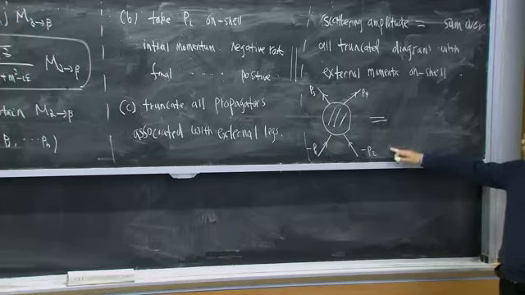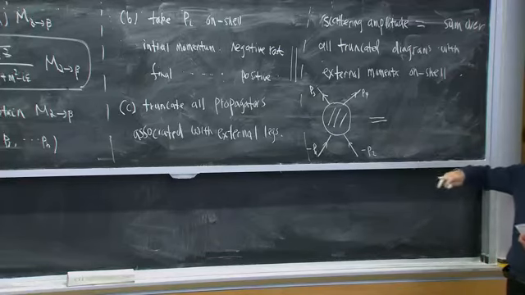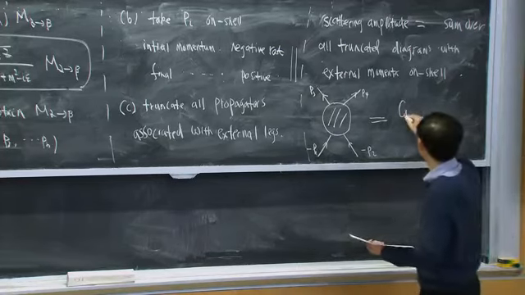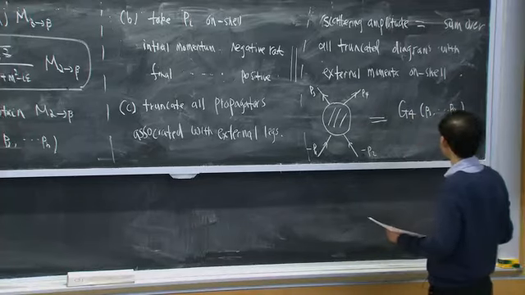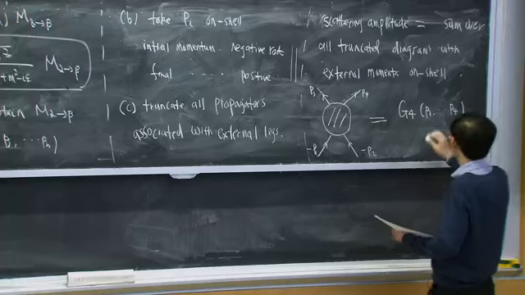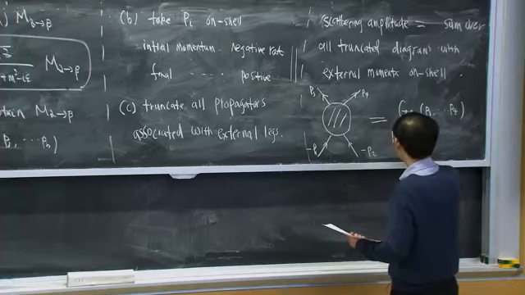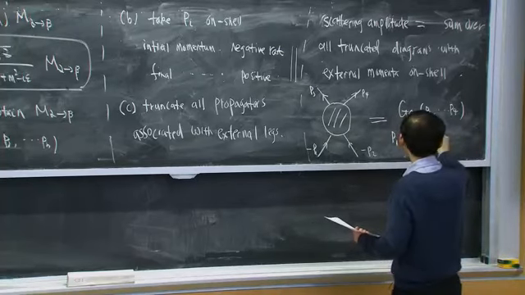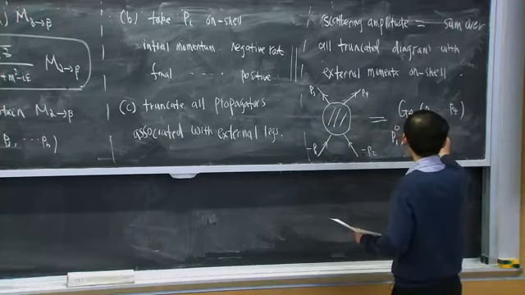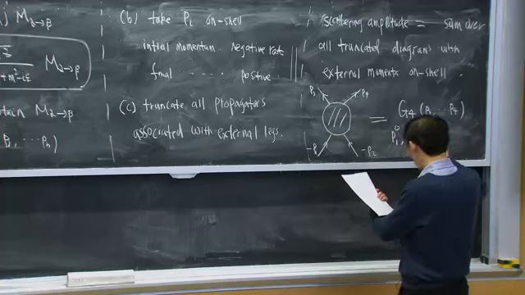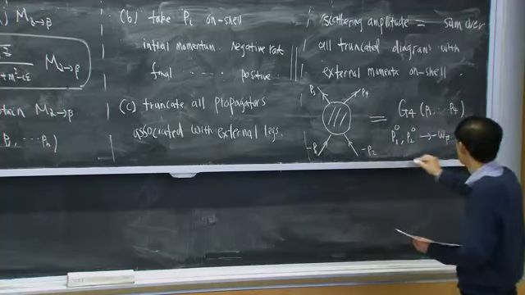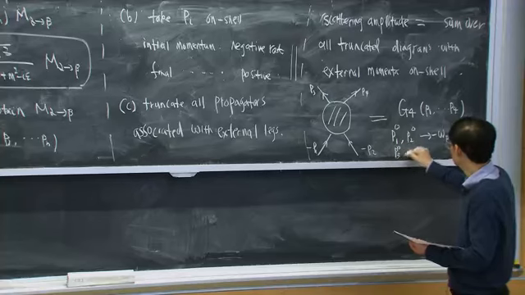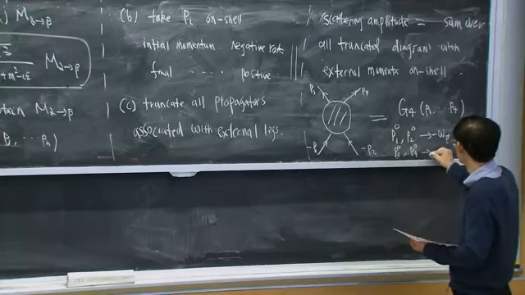So if you want to calculate in this case, you just take the G4 of P1 to P4, and you take P1 and P2 to be the negative root, and P3, P4 to be the positive roots.